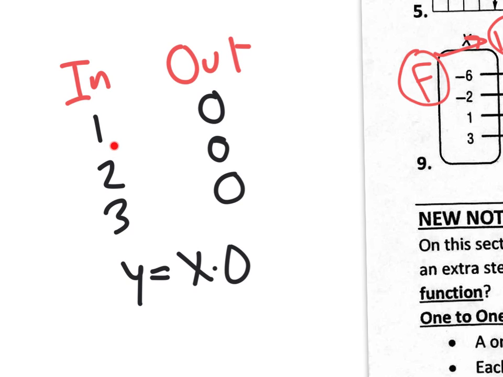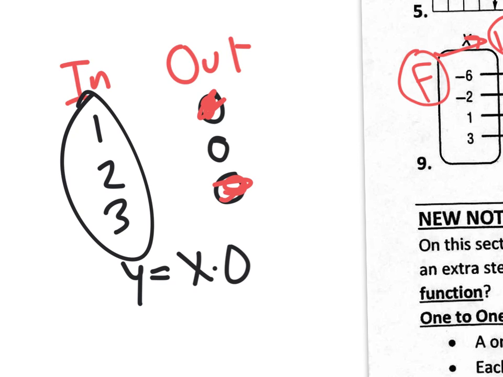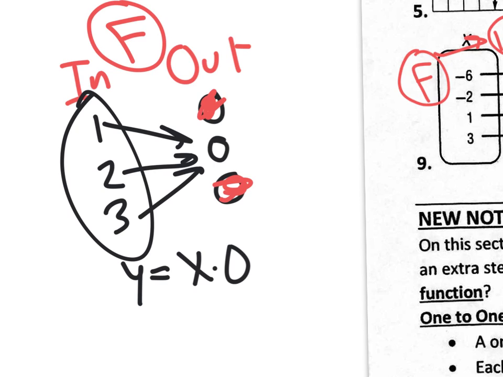Because if I plug in a 1 into my x, 1 times 0 is 0, 2 times 0 is 0, 3 times 0 is 0. But is it a one-to-one function? It is definitely not a one-to-one function. Technically, I don't even need all these zeros. If I'm mapping it, I could show it like this. I have my inputs, and they're all going to one single output. So it's not a one-to-one function. This definitely is a function, but it's not a one-to-one function.